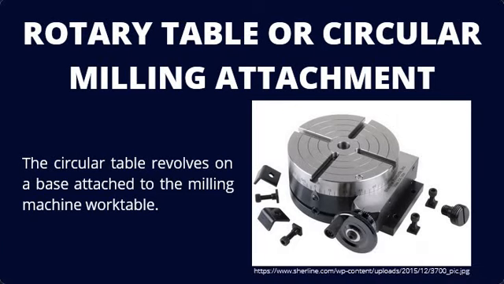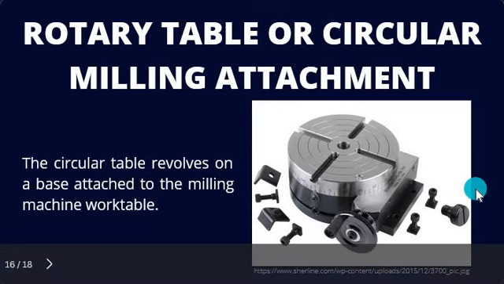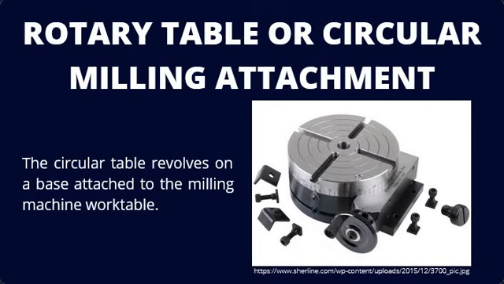The next milling machine attachment is the rotary table or circular milling attachment. This attachment consists of a circular work table containing T-slots for mounting workpieces. The circular table revolves on a base attached to the milling machine work table.